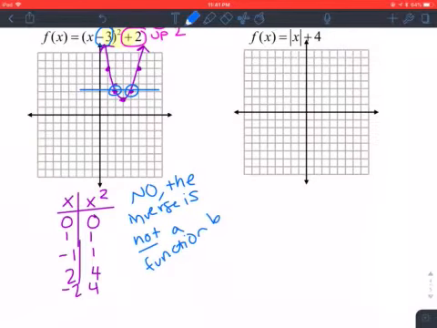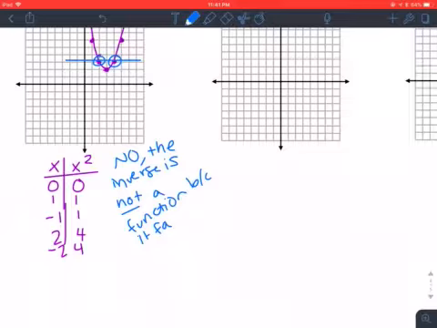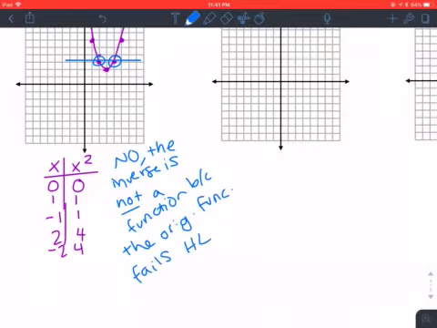Because it fails the horizontal line test. And by it, I mean the original function fails the horizontal line test.